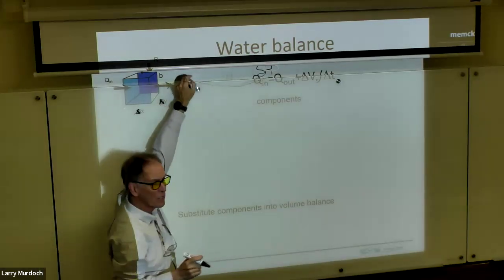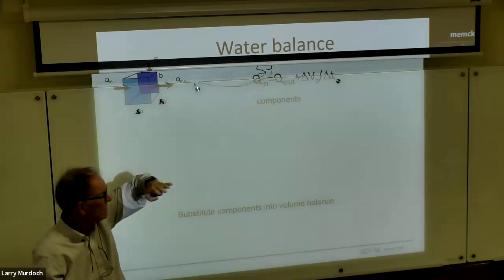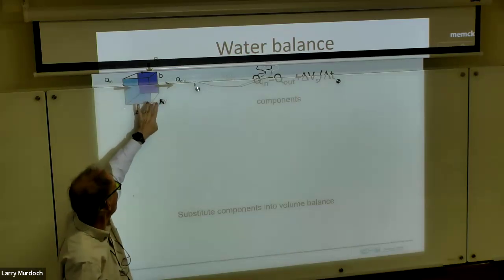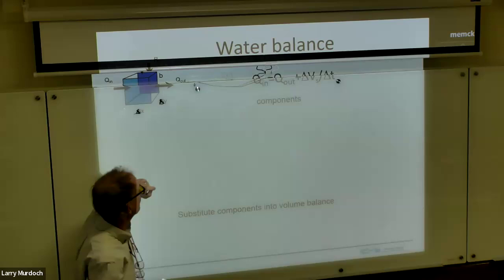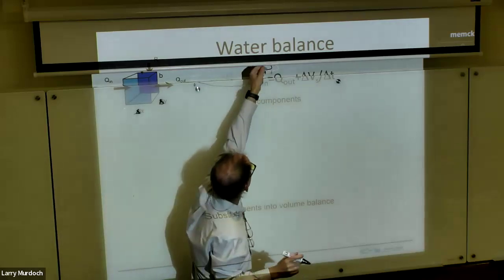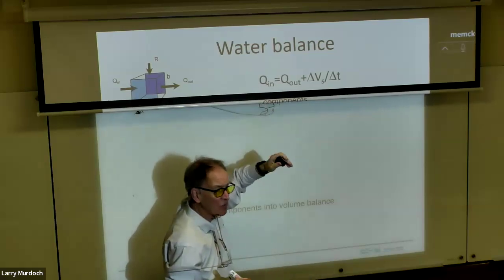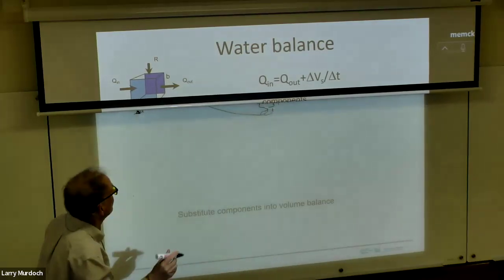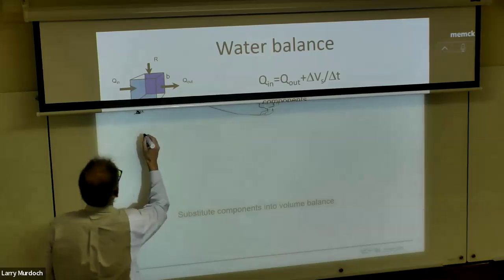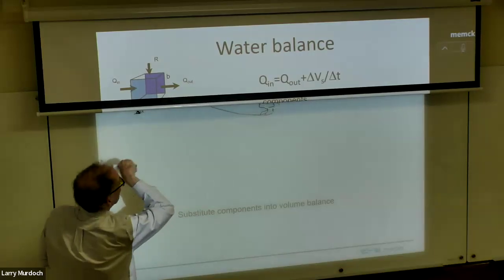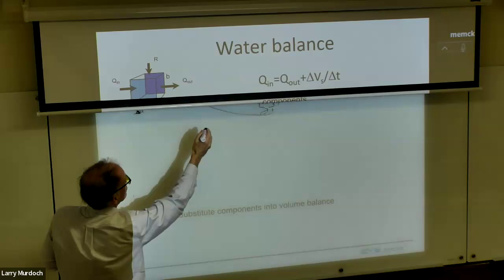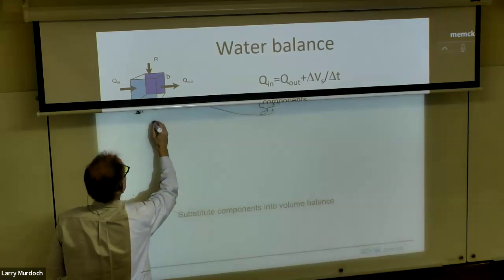Okay, so we now want to just do the volume balance on that control volume. And so here it is. I just wrote down the basic balance, right? And that's the same one that we used in the past. So no change there. What I want to do though is write this in terms of a flux.